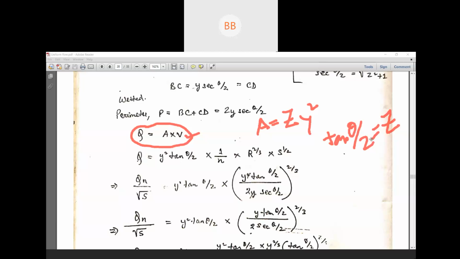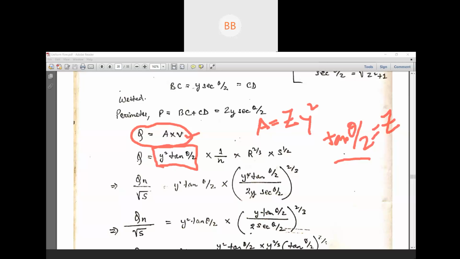So that is why in place of z we have substituted tan theta by 2. So in place of area we have substituted y square tan theta by 2. So it's zy square, in place of z we have substituted tan theta by 2, so we can write y square tan theta by 2.